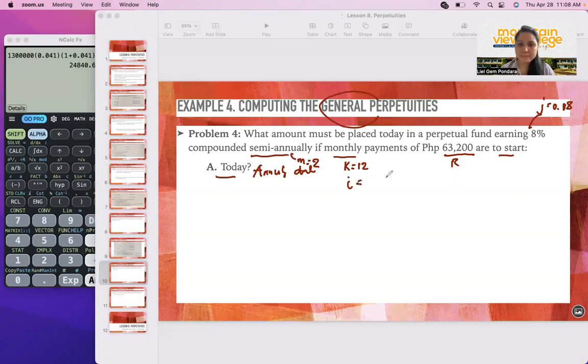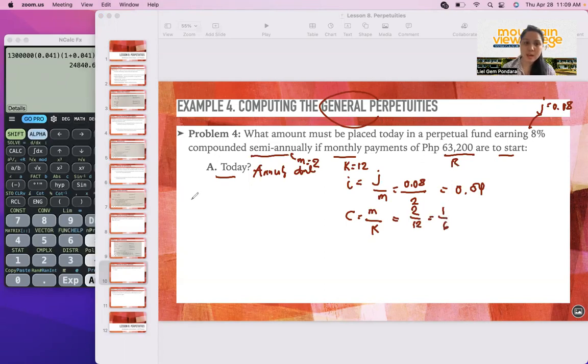Our I is J over M. That's 8% divided by 2. So 0.04. And our C is M over K. Means 2 over 12. That's 1/6.